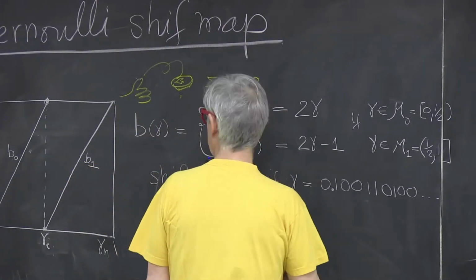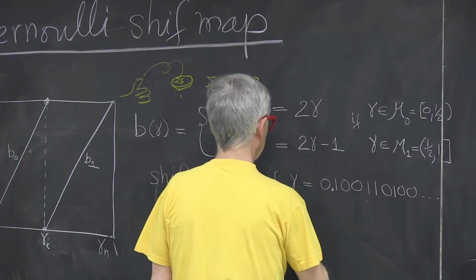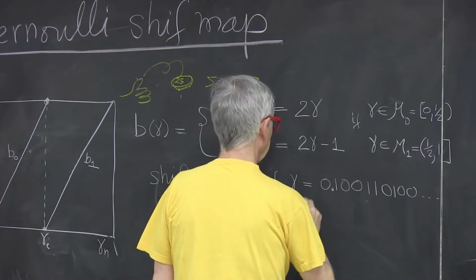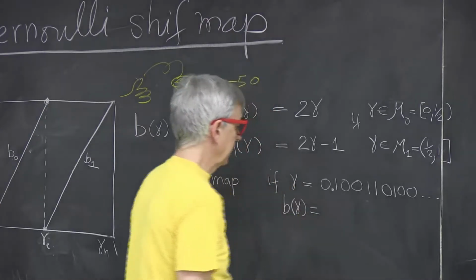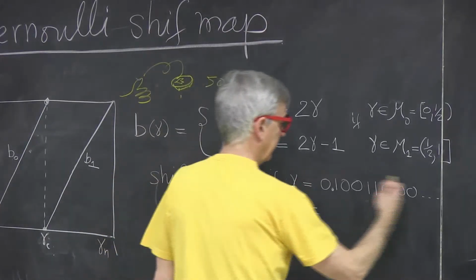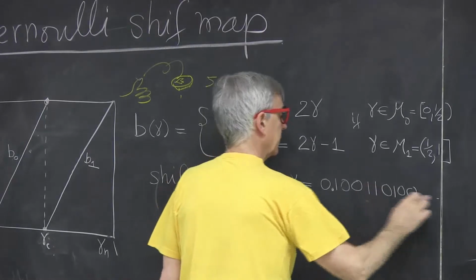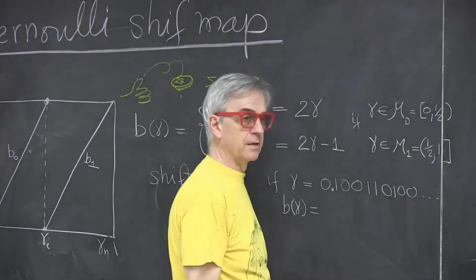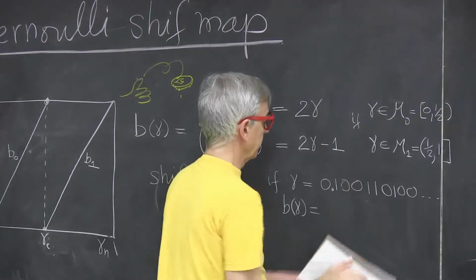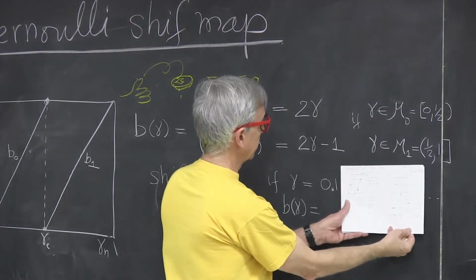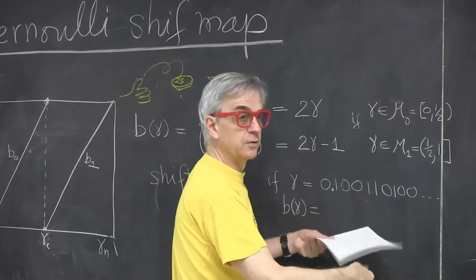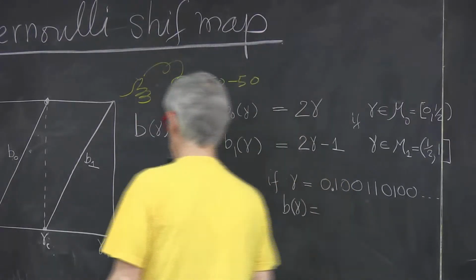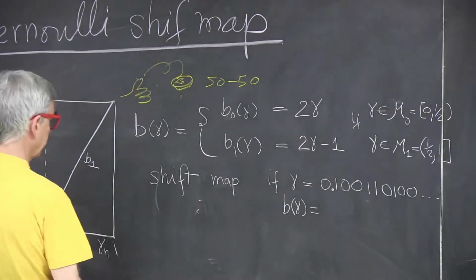And now when we apply the Bernoulli map to it, what does the Bernoulli map do? It multiplies every binary number in the sequence by 2, which means it just shifts it by 1. So for example, this would be binary 1/2. If we multiply it by 2, we get 1. But 1 is off the end of our interval.